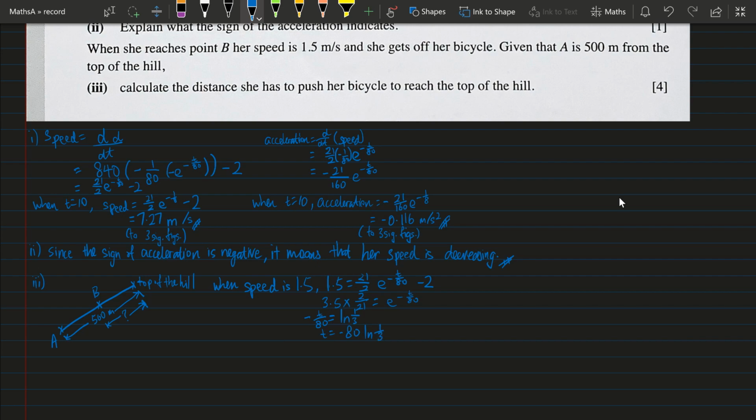So don't be afraid that you are getting a negative number here, because actually ln of 1/3 is a negative number. So when you multiply by negative 80, it's actually positive. So time should always be positive. You always go forward in time, right? You can't go back to the future. So yes, this t is a positive number, don't worry.